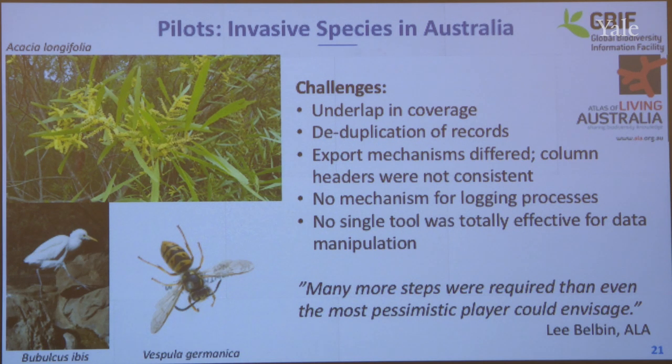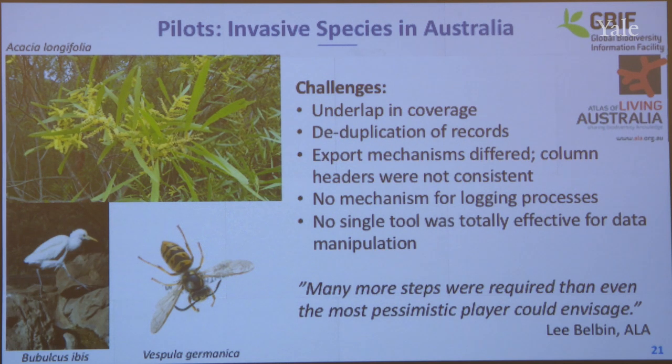Export mechanisms differed between the two packages. So again, when you want to pull data out of GBIF, it's a very different approach than pulling it out of Atlas of Living Australia. And even very simple things that you would think had been agreed upon, column headings and so on, were all entirely different between the two different systems. Second, another key challenge was the fact that there was no mechanism for logging the processes.